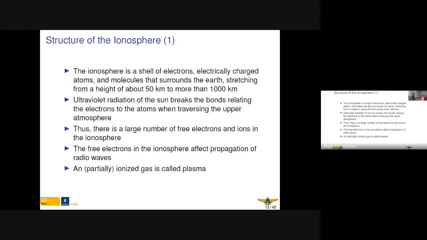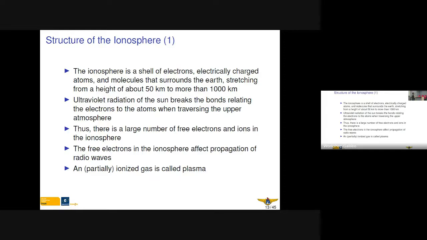Ultraviolet radiation of the sun breaks the bonds relating the electrons to the atoms when traversing the upper atmosphere, so the ionosphere. Thus, there is a large number of free electrons and ions in the ionosphere.